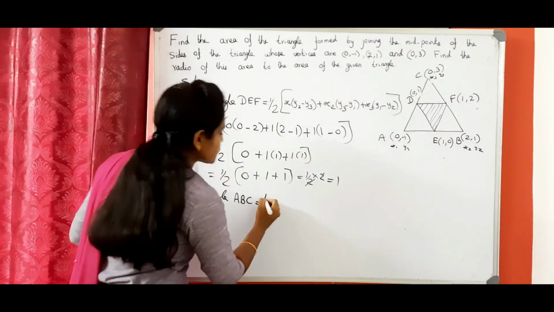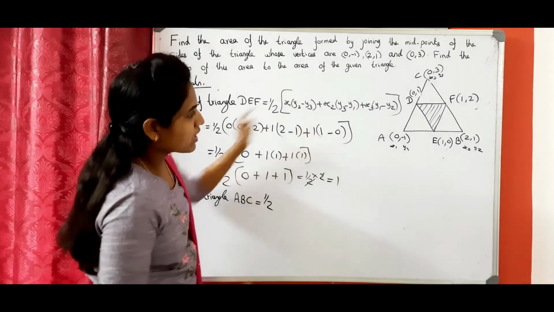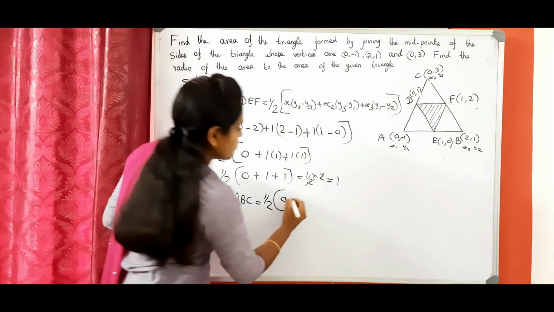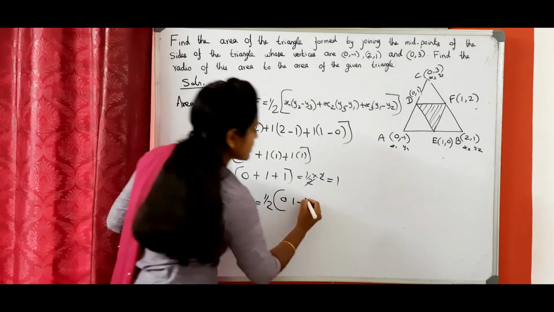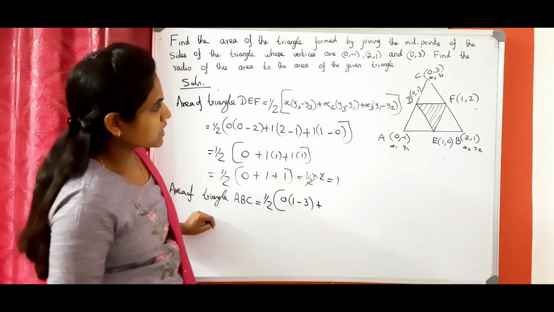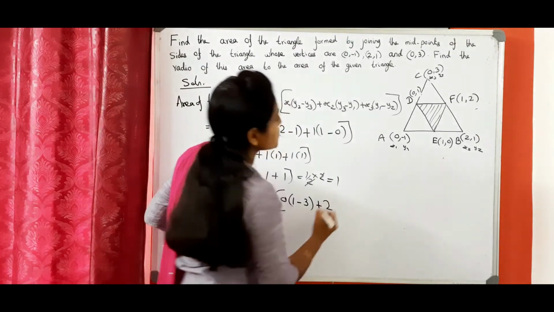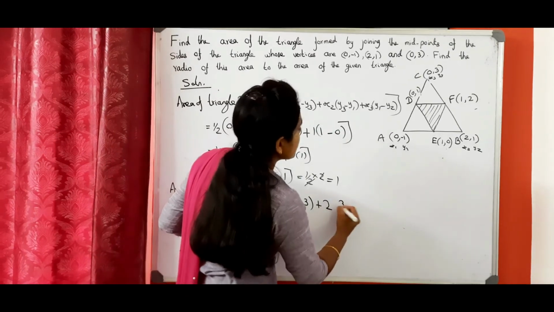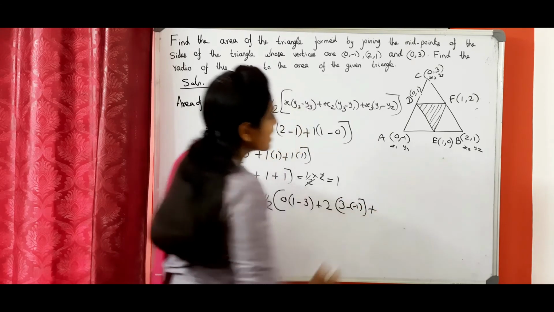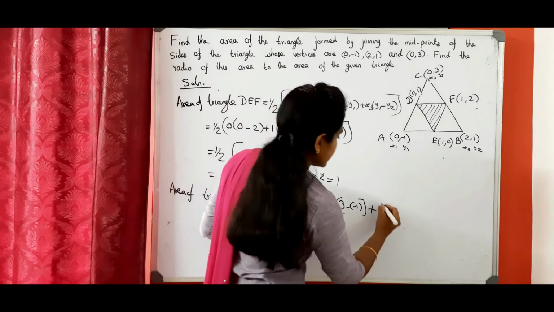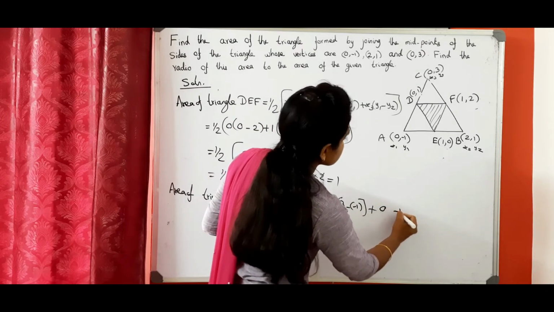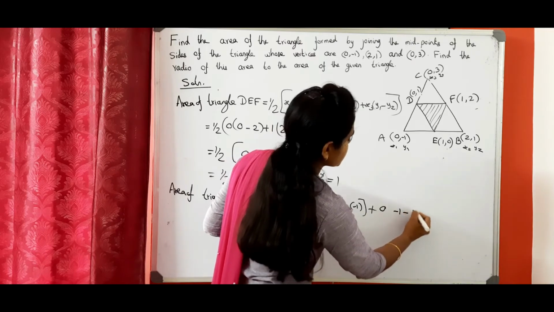1 by 2 into x1, 0, 0 into (y2 1 minus y3 3) plus x2 equal to 2, y3 value is 3 minus y1, minus 1, plus x3 equal to 0, y1 minus 1 minus y2 equal to 1.